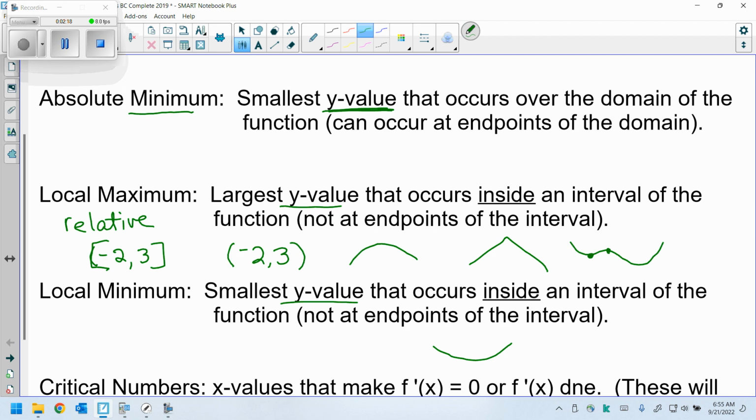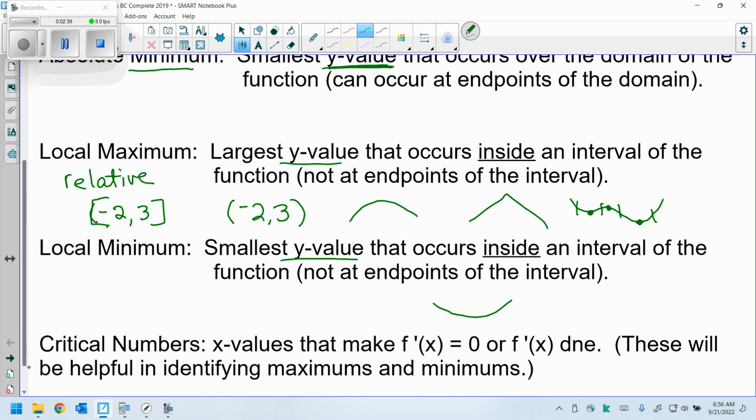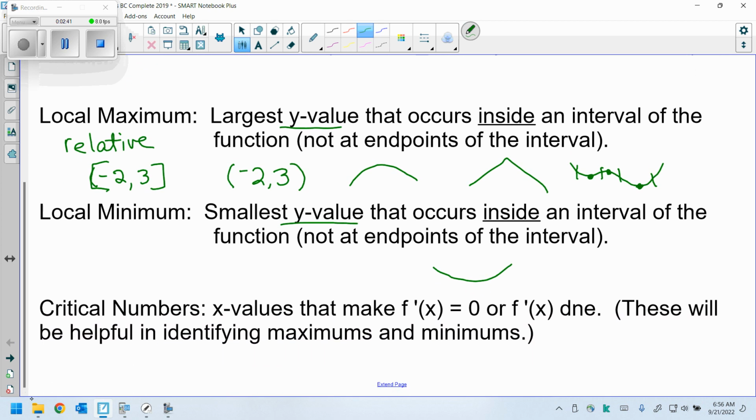This is a local max. This is a local min. So over some interval, you get a bottom of a hill or a top of a hill or a bottom of a hill. Those are local or relative maxes and mins. There can be multiple over a particular interval.